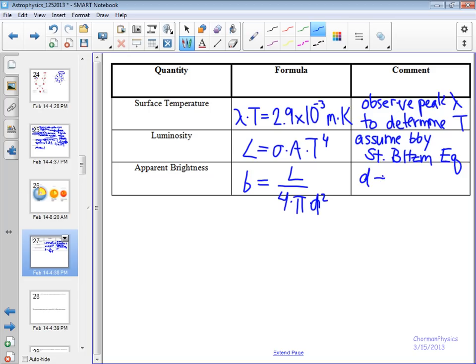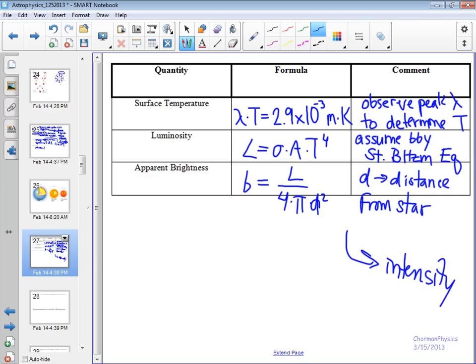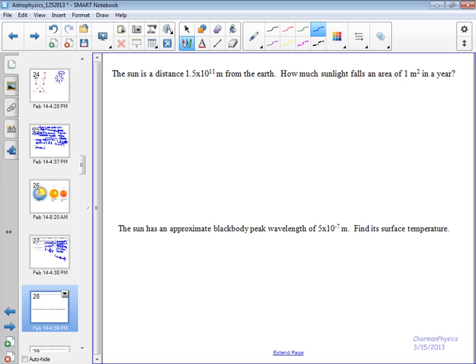So it's basically an intensity, which is what the apparent brightness is. And d is going to be the distance from the star, so wherever you are observing it. This is just the intensity based on how far away you are from the star.